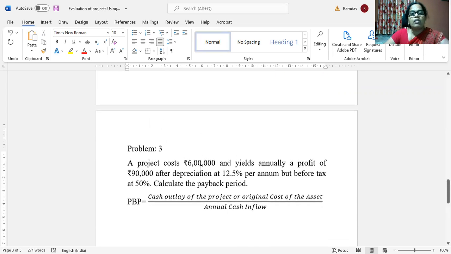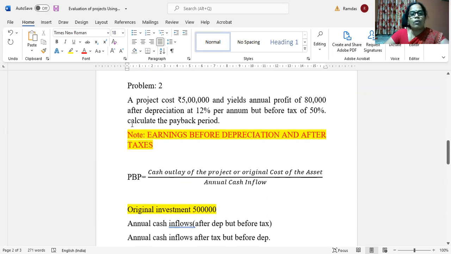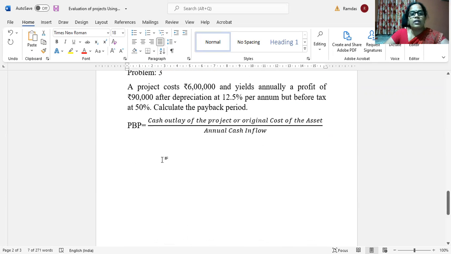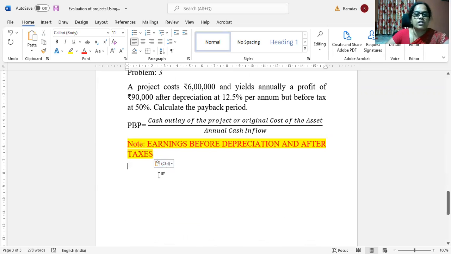But remember, the annual cash inflow should always be after tax but before depreciation. This is very, very important to be noted. In the first problem, there was no depreciation or no mention of tax, so the given cash inflow was after tax but before depreciation. But as this problem has a reference of depreciation and taxes, we have to make the adjustment.